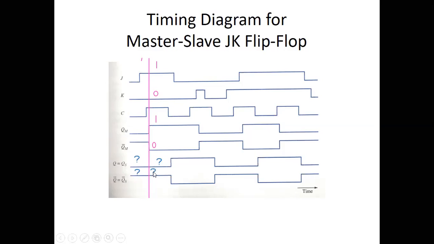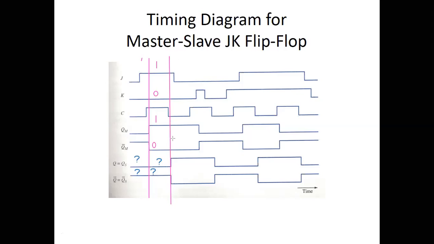Now, when will our slave output change? A slave output will change when we go to clock is equal to 0. So here I have clock is equal to 0. When clock is equal to 0, the inputs will be nothing but J and QM and QM bar.